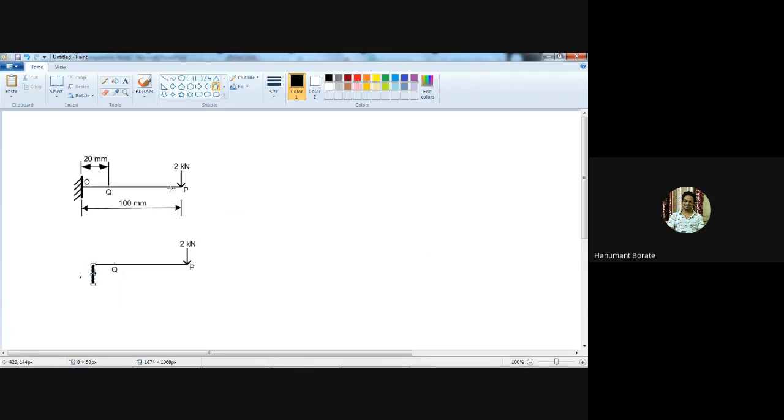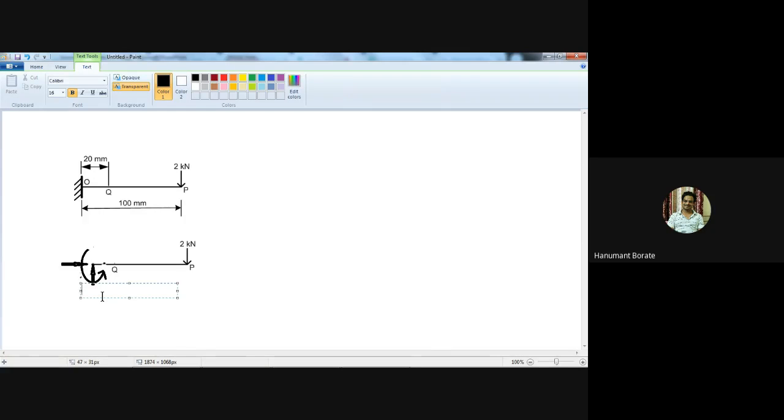At the fixed support, we need to take three reactions: horizontal, vertical, and moment. Now the value of Ay, directly by observation you can write, is 2 kilonewton, because there is only one vertical force on the beam, that is 2 kilonewton.